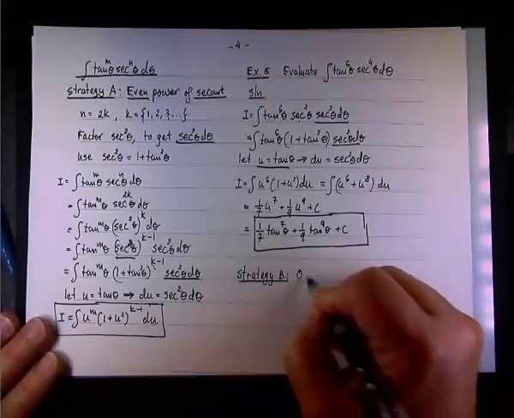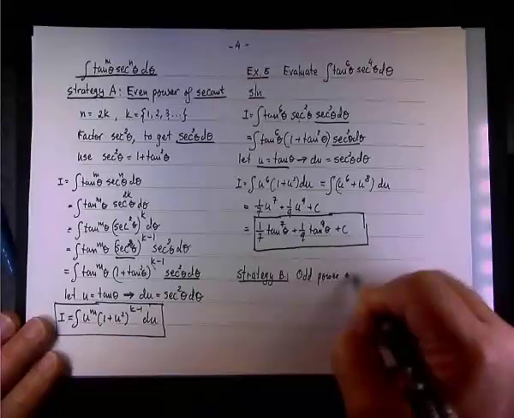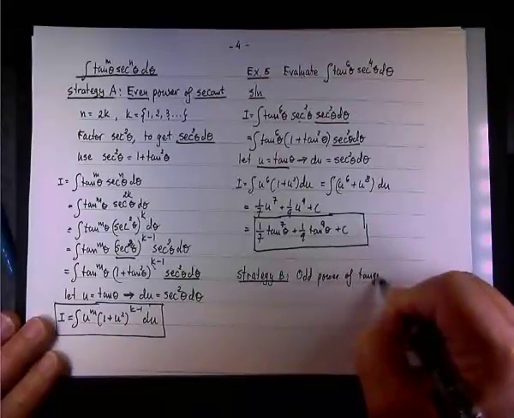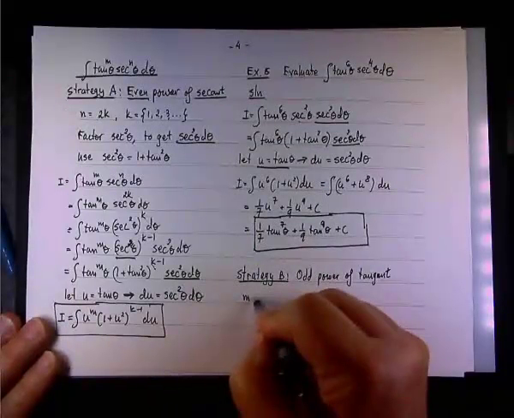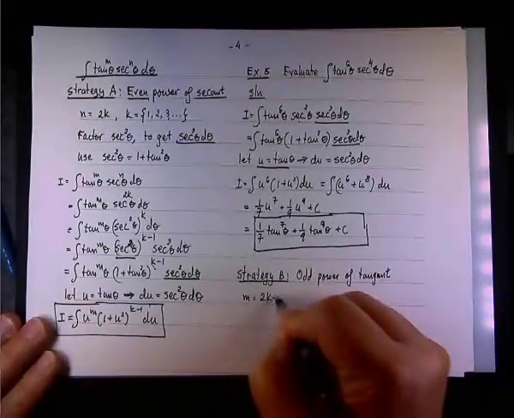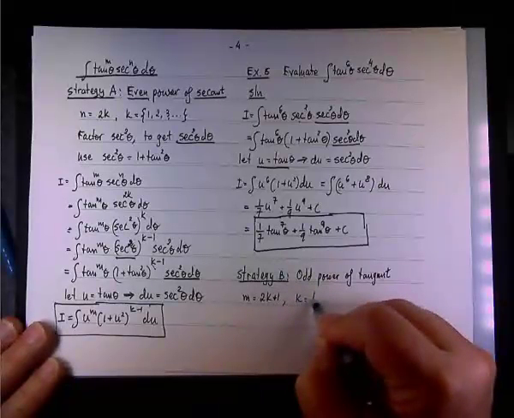So here we have an odd power of tangent. So again, we're looking at m. So m equals 2k plus 1, and k can start at 1.